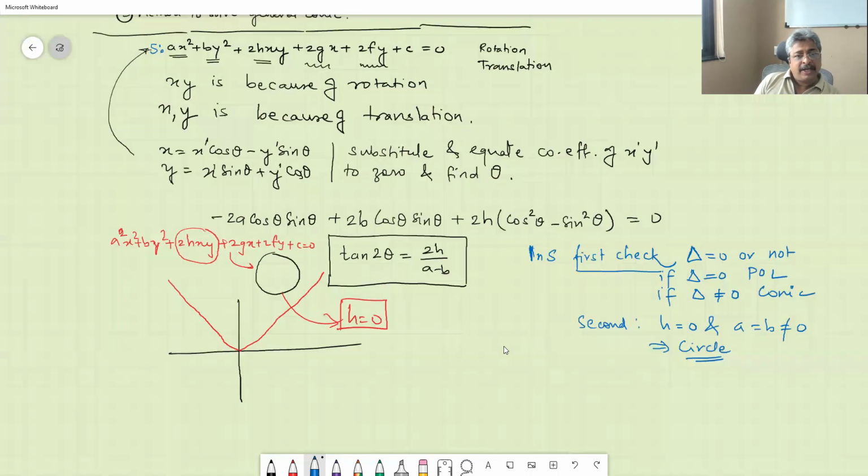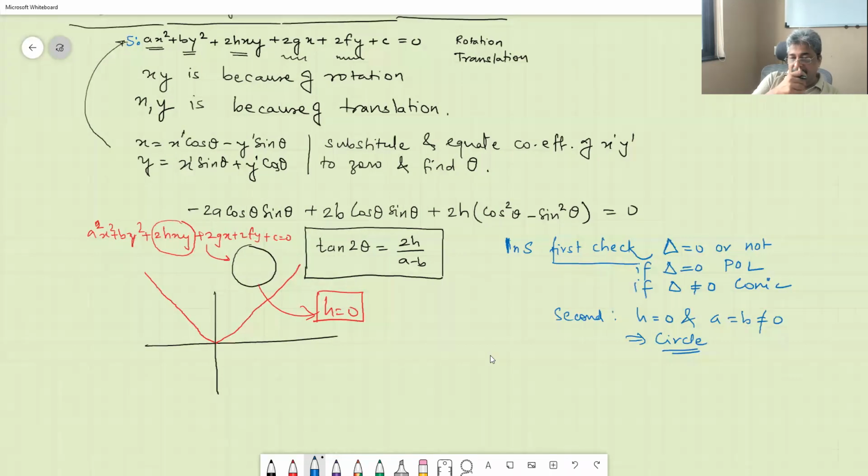Now let us say that H is not equal to 0, A is not 0 and B is not 0. This is case 3. After you rotate the coordinate system through angle theta, you will get tan 2 theta equal to 2h by a minus b. So you should find out the value of theta through which you are supposed to rotate your x-axis.